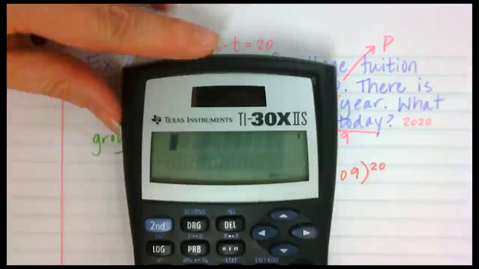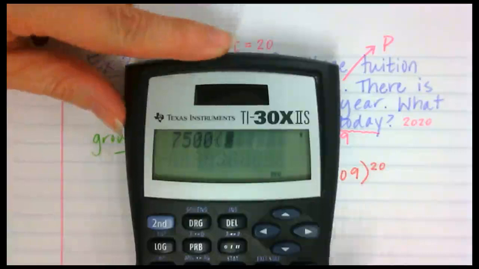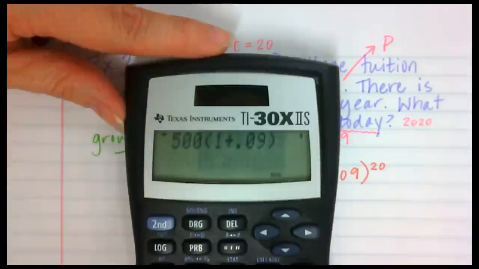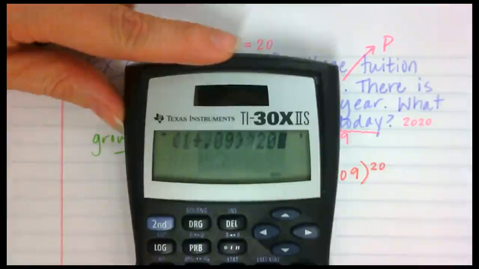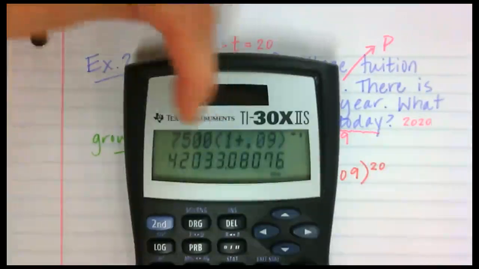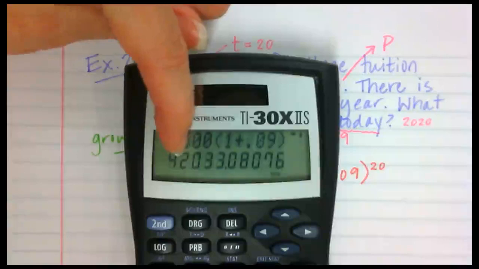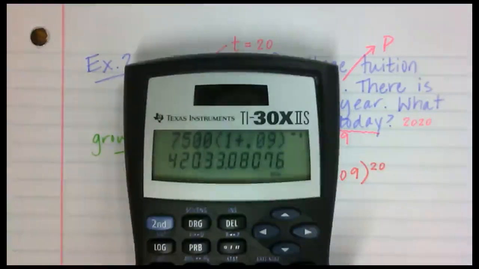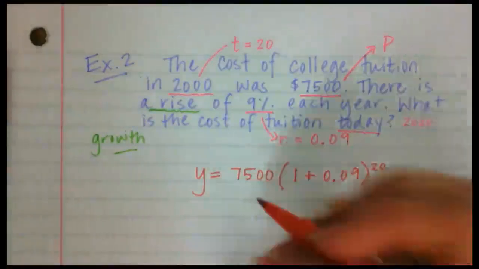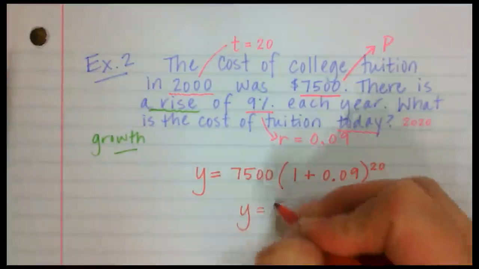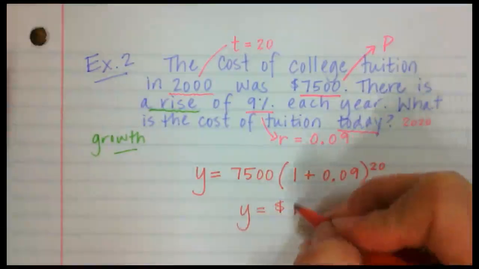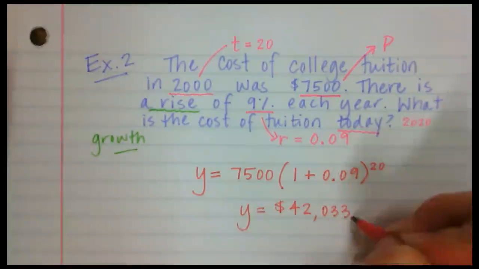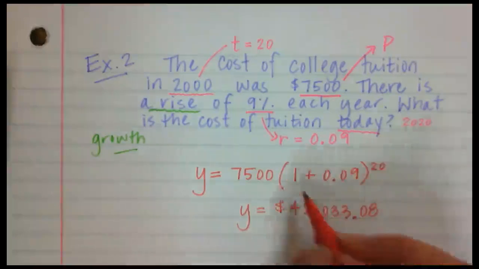So we have 7,500, parentheses, 1 plus 0.09, close the parentheses, exponent 20, and we get the cost now is $42,033.08. So the current cost of tuition is $42,033.08.